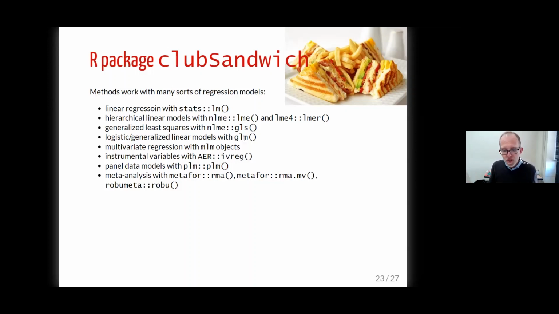So you can do this as well with generalized least squares models with the gls function, for generalized linear models with glm, as well as multivariate regression, two-stage least squares, instrumental variables models with the ivreg function, panel data models from the plm package, as well as a variety of models used for meta-analysis, the metafor package, the robumeta package.